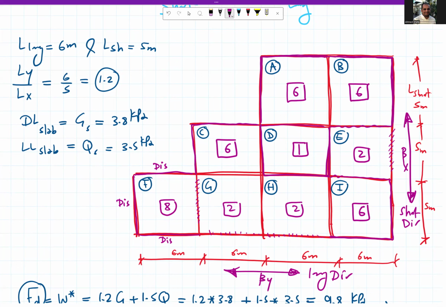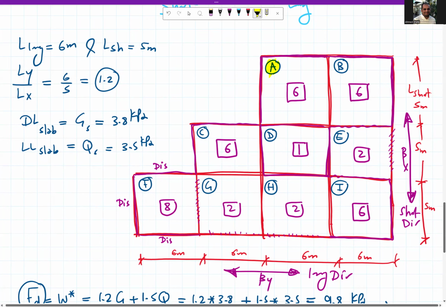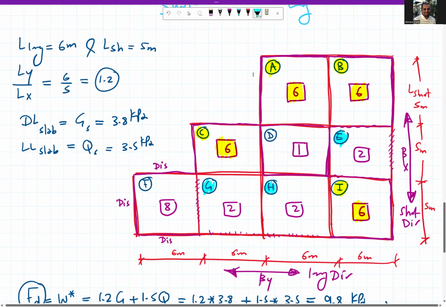If we define them, we have A, B, I, and C. All of them are number 6. So we have 4 slabs number 6, and slabs E, G, and H are number 2. 3 slabs are number 2.